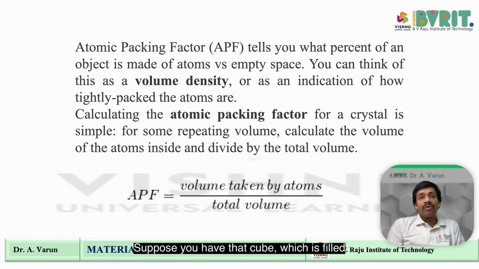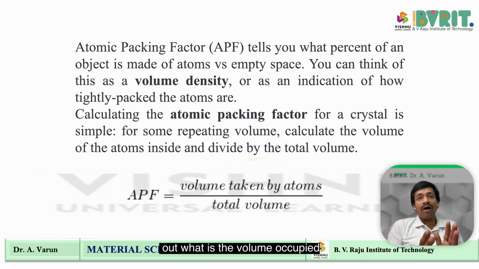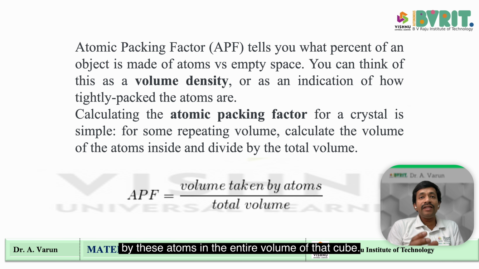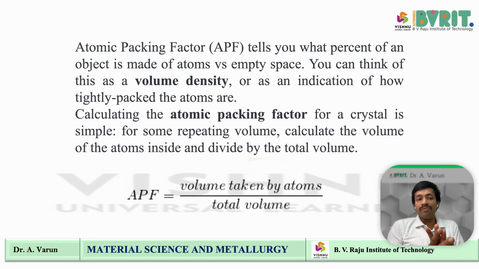Very simple. Suppose you have that cube which is filled by certain atoms. We are asking you to find out what is the volume occupied by these atoms in the entire volume of that cube. That represents the atomic packing factor.